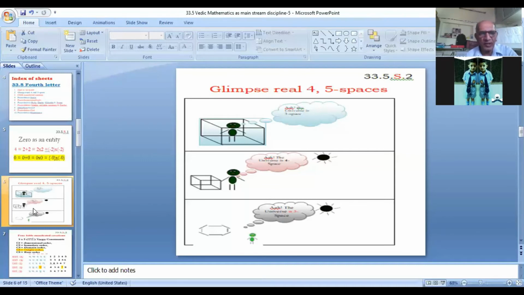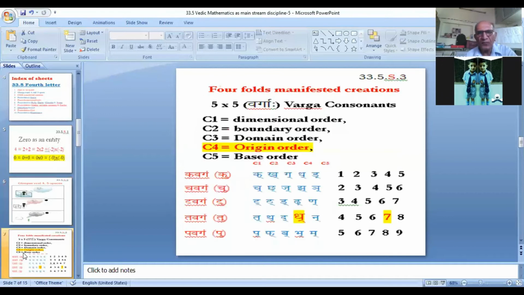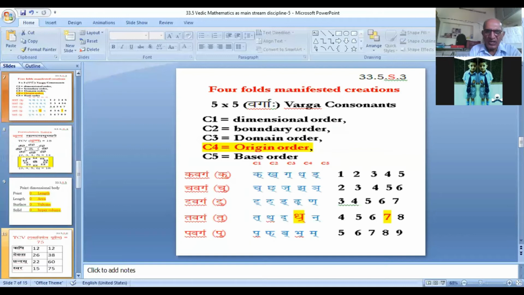The third phase of learning, the third phase of focus here in the context of the fourth letter dha, is that it is of the placement of the fourth column as well as of the fourth row, and it is of TC value 7.